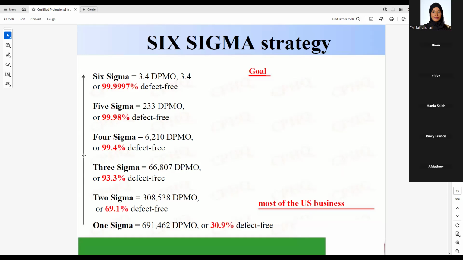So maybe today you are standing at 3 sigma, and your goal is to move to 4 sigma. After 4 sigma, now you are stable for some time. Your next goal is going to be to move to 5 sigma. After 5 sigma is stabilized, your processes are giving you a 5 sigma process. Then you go on and try to reach 6 sigma.